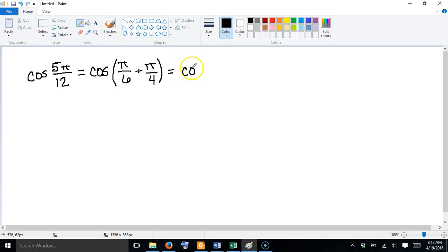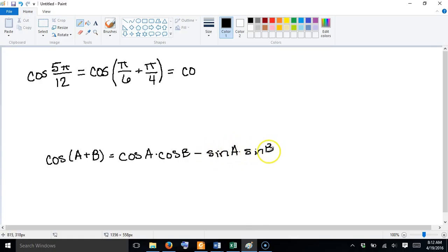Let me write it down: cosine of A plus B is equal to cosine A times cosine B minus sine A sine B. Now, what we do is we take these two angles and plug them in for our A's and B's in this identity.